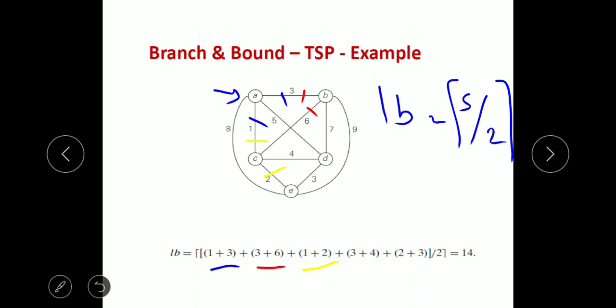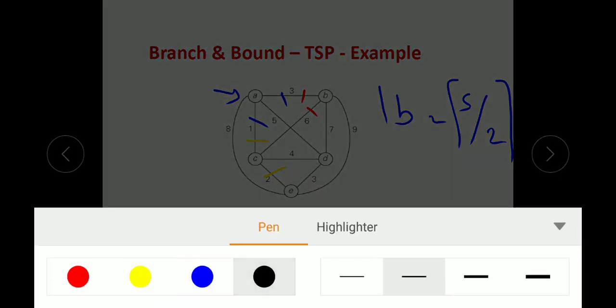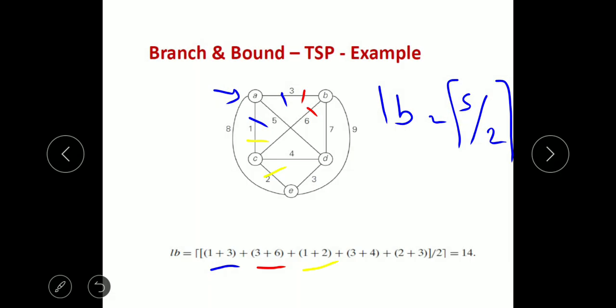Similarly for D, the two minimum cost edges are one that goes to E with a cost of 3 and the other with a cost of 4 that goes to vertex C. Therefore the sum for vertex D is 3 plus 4.